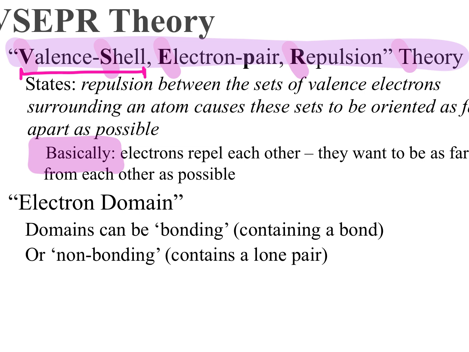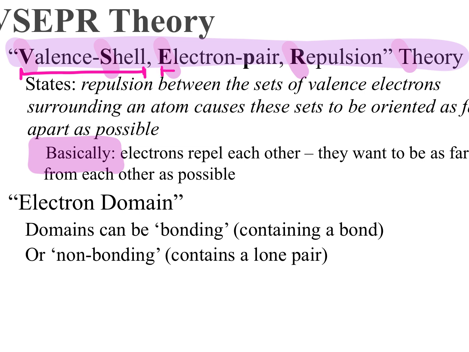The valence shell electrons are the outermost electrons available for bonding. So, how many valence electrons does phosphorus have? 5. 1, 2, 3, 4. It's in group 5. It has 5 valence electrons. Those are its valence shell electrons. So when we talk about Vesper theory, we're only concerned with the outer shell electrons.